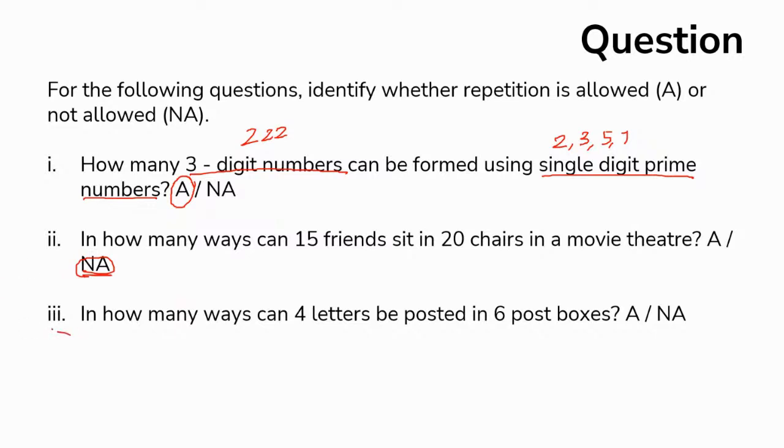And the third question is, in how many ways can four letters be posted in six post boxes? Most of you will be saying this is not allowed. But think of this scenario. I'm trying to post a letter from Delhi to Mumbai, from my house to my friend's house.